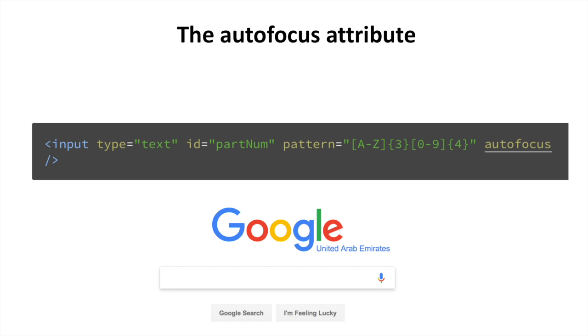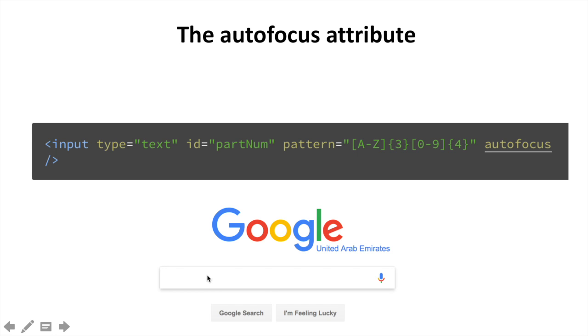Great. The one before the last we do now is the autofocus. When you go to a page and you want that field to be autofocus, it means if you start typing, it will enter the data in that field. This is similar to Google. When you visit google.com and start entering data, automatically it will enter the data into this field, because this field is autofocus.